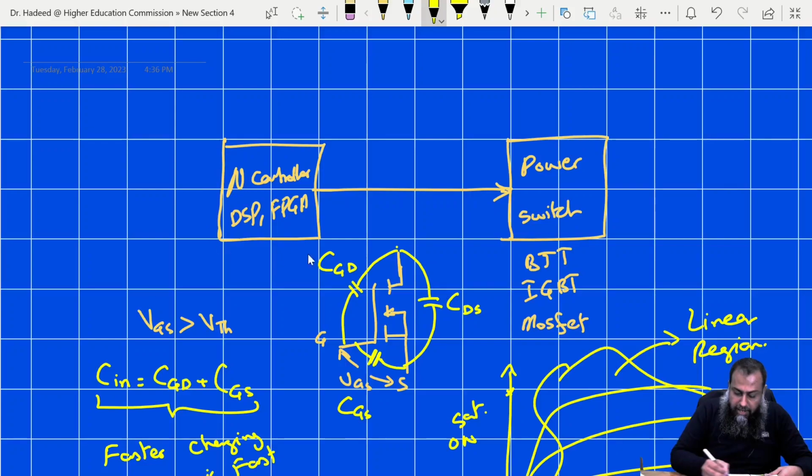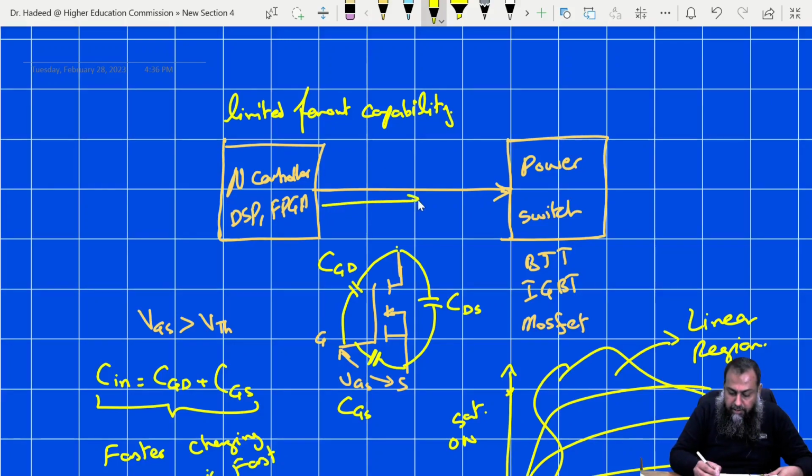However, with the direct connection of a microcontroller to the power switch, this microcontroller has a limited fan out capability, which means that the amount of current it can provide to this switch is limited. Therefore, despite the fact that a microcontroller is able to work at very high frequencies, it may not be able to turn the power semiconductor switch on and off effectively at the desired rate. This is the first problem if we talk about the direct connection of this microcontroller with the switch.